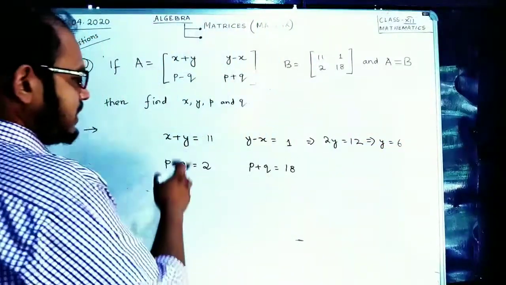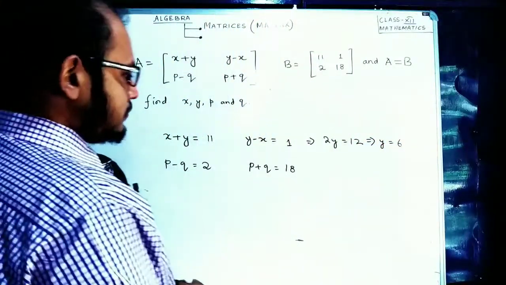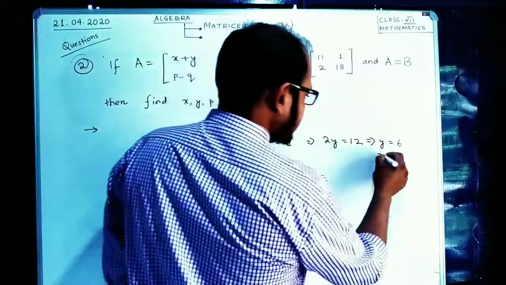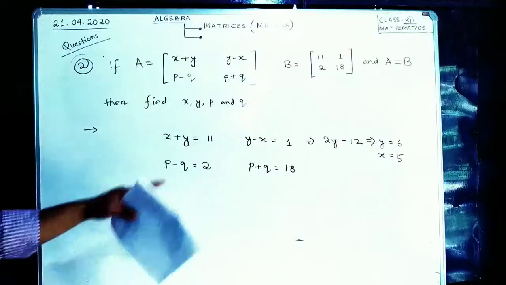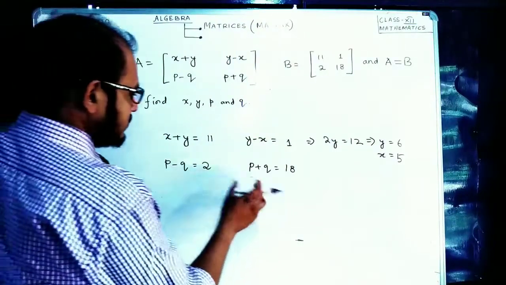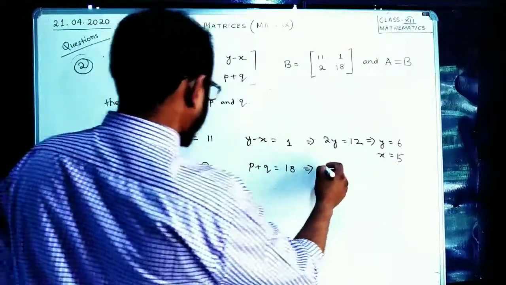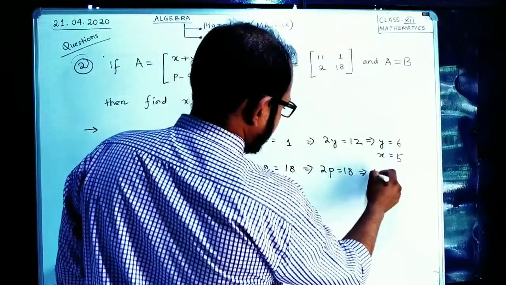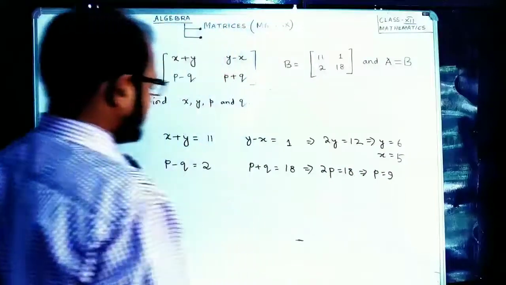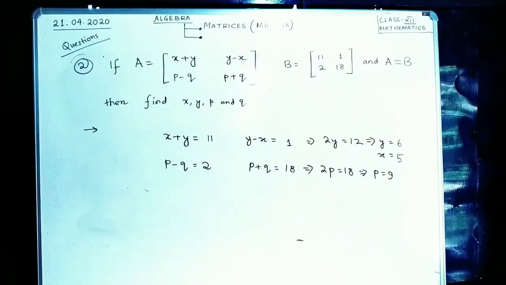If y equals 6, then what is the value of x? x equals 5 if you solve this equation. If you add these two together, you get twice p equals 18, that gives p equals 9, and if p equals 9, how much is q?